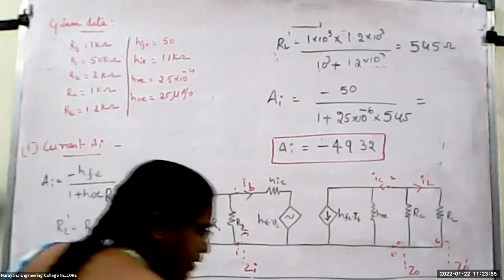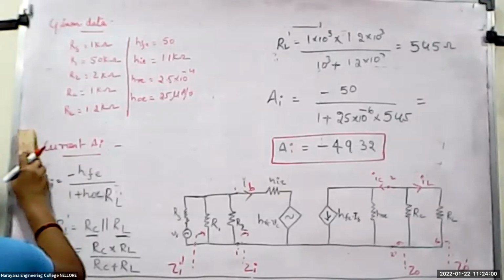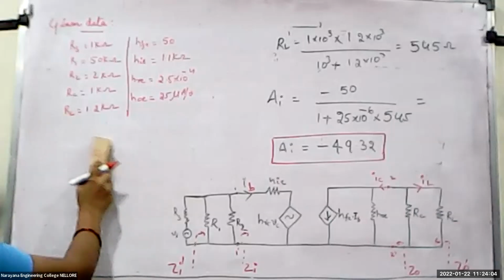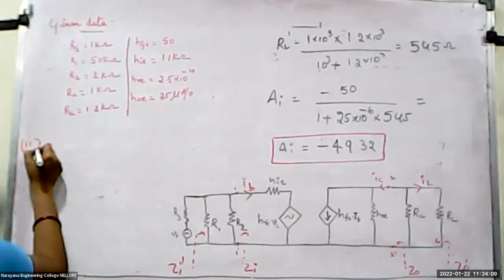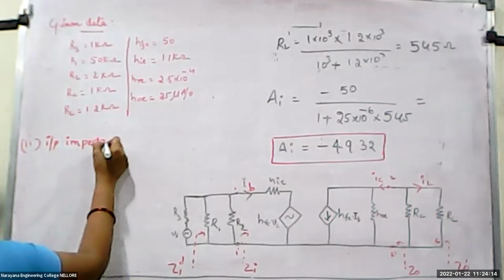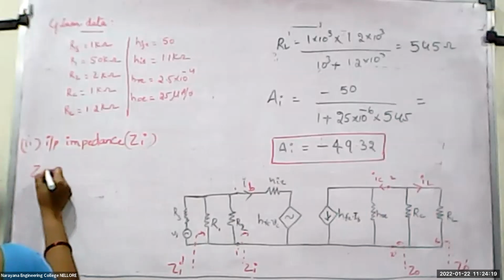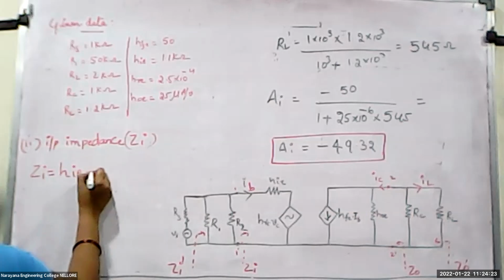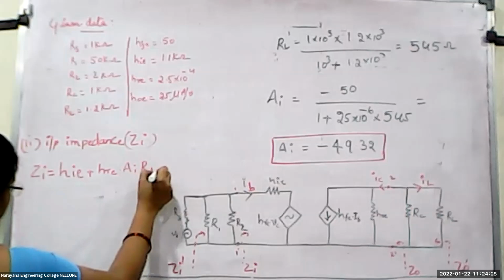Okay, next parameter. What is the next parameter? Input impedance. Next parameter is input impedance, ZI. So what is the formula for ZI? ZI is equal to hie plus hre into AI into RL.